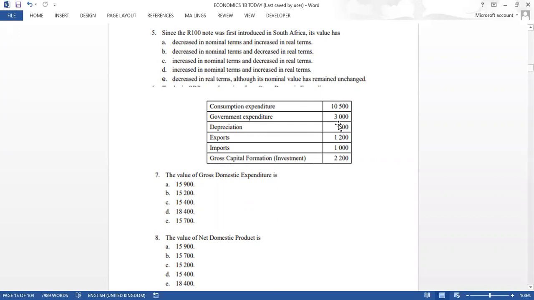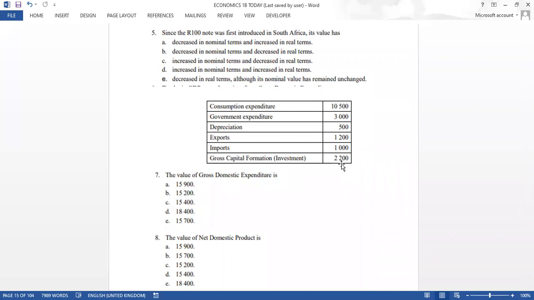So it's 10.5 plus 3,000 minus 2.2. Those are the elements that you look at when you're looking at gross domestic expenditure.